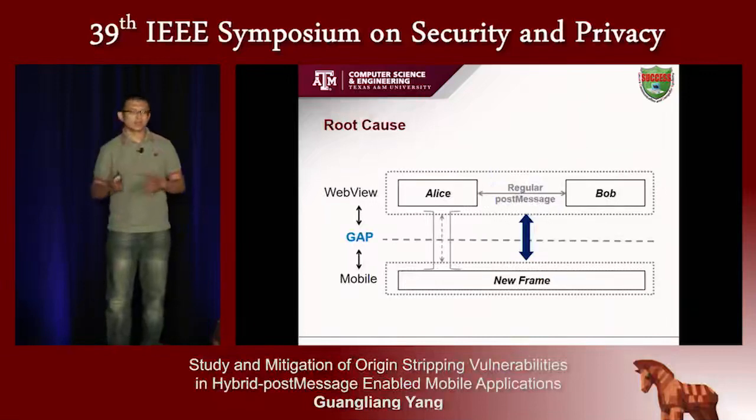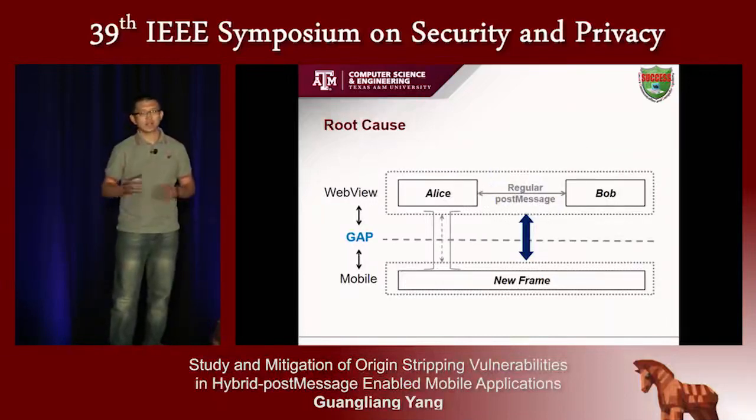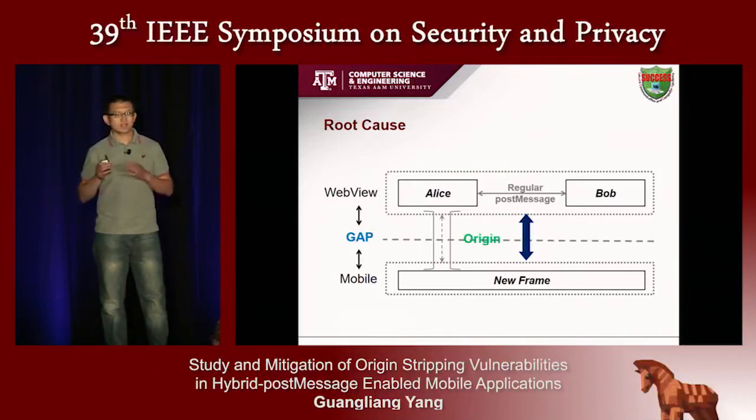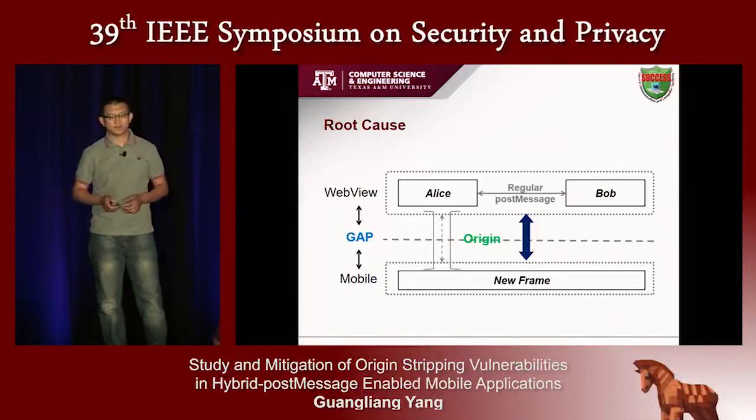This issue is rooted in the gap between the mobile platform and the web platform. Also, although some bridges are provided to mitigate the problem, it is very difficult and challenging for developers to transfer the origin information safely.